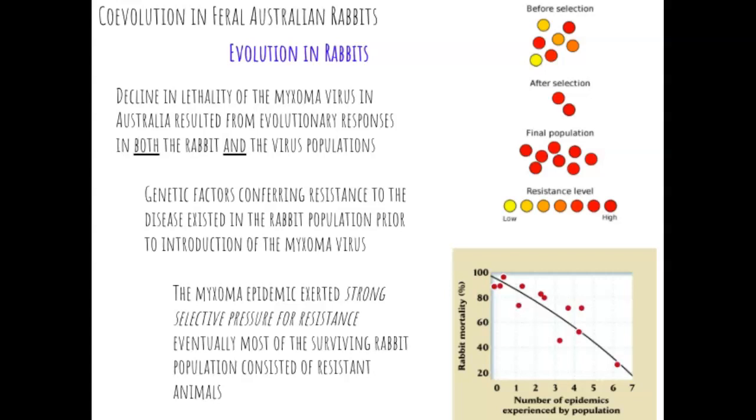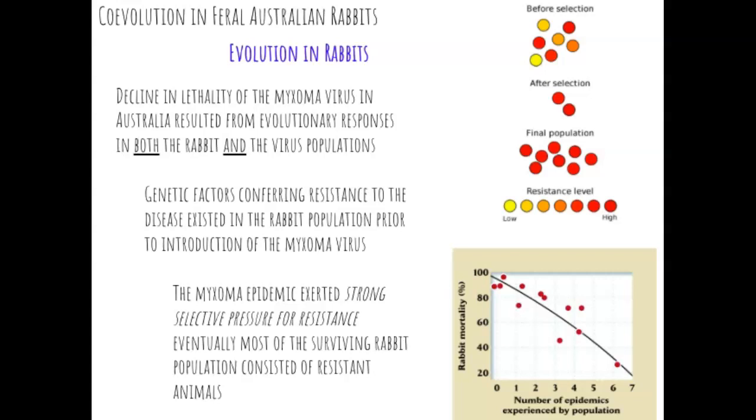There were genetic factors that conferred a resistance to the disease that existed in the rabbit population prior to the introduction of the myxoma virus. After that virus was introduced, you end up with a group of rabbits that can't easily be killed by the virus, and those are the ones that survived and are reproducing and passing their genes on to the next generation.